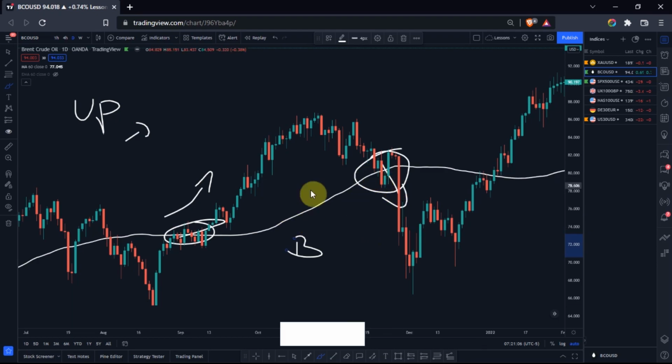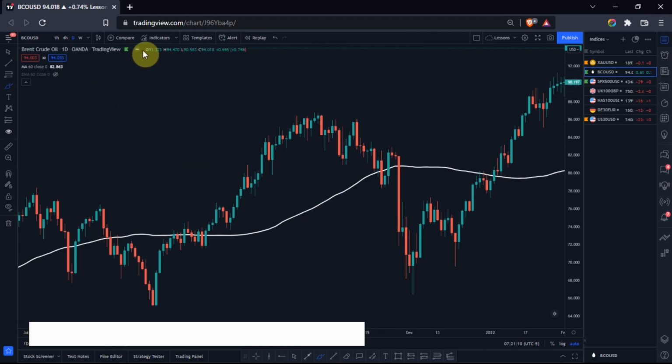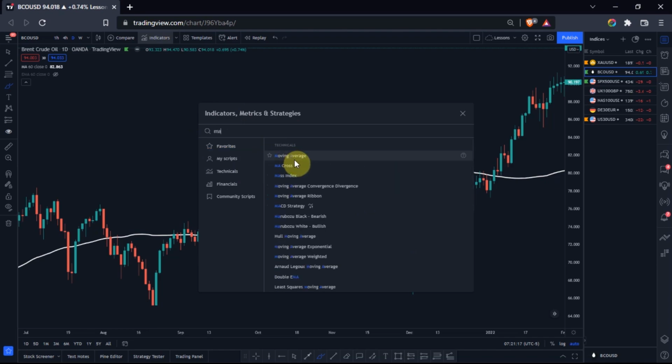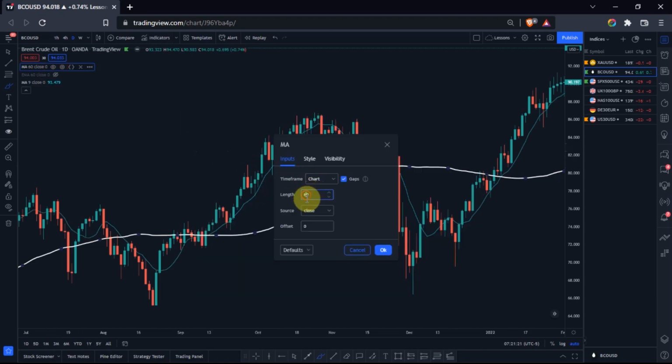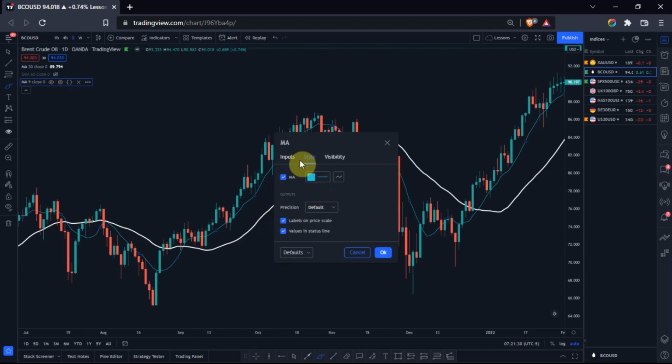And another method that they can use, I know that you might be familiar with this method, is by combining a moving average with a bigger period and one moving average with a smaller period. So let me just change this one and make it 30. Now we have two moving averages.